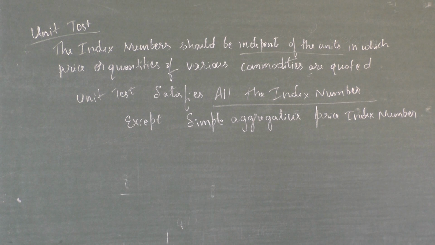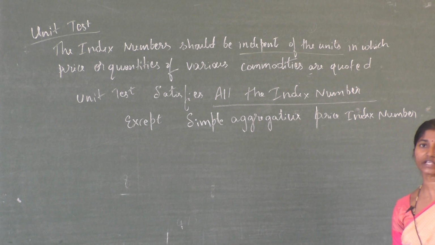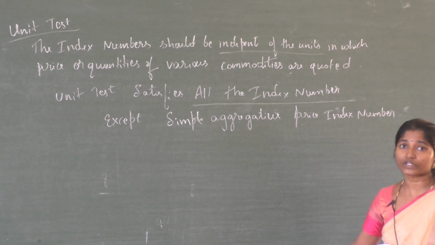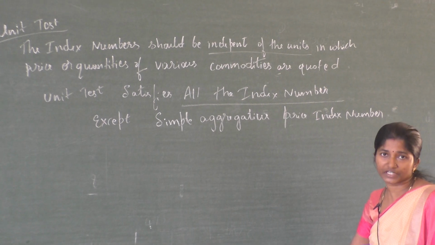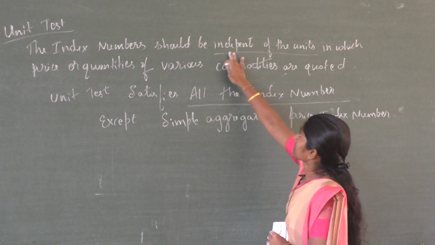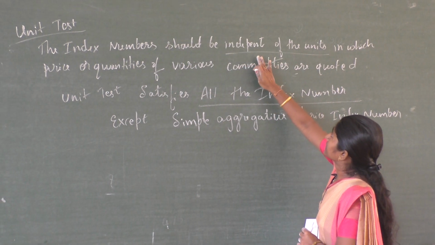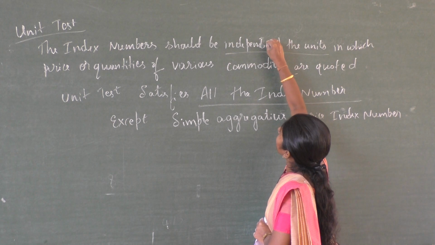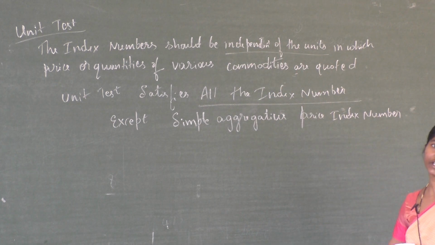Except this one, simple aggregative price index number, the other formulas satisfy the unit test. See, unit test is only given this much, because here we are seeing which one is independent of the units.